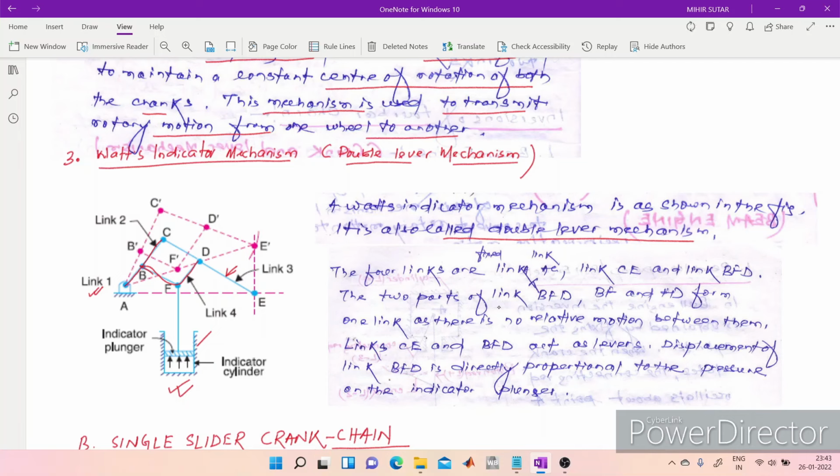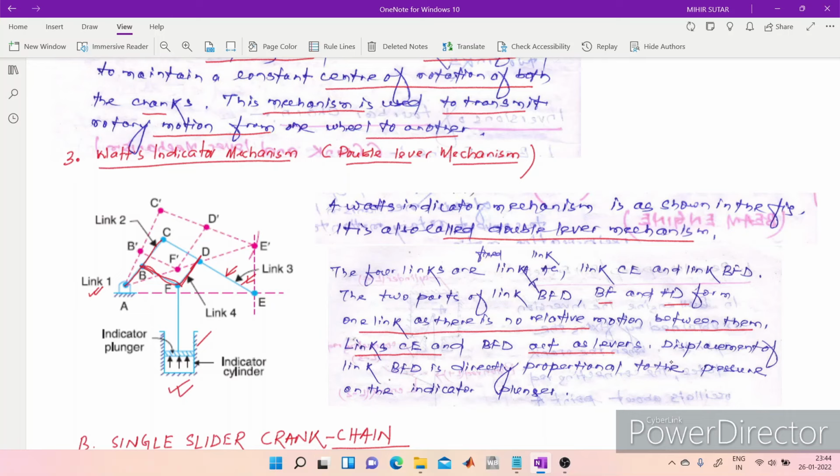Now the two parts of the link BFD are termed as a single link BFD. The two parts, that is BF and FD, form one link, as there is no relative motion between them, remember. And links CE and BFD act as levers. That means this link 3 and this BFD, the link 4, act as a lever.